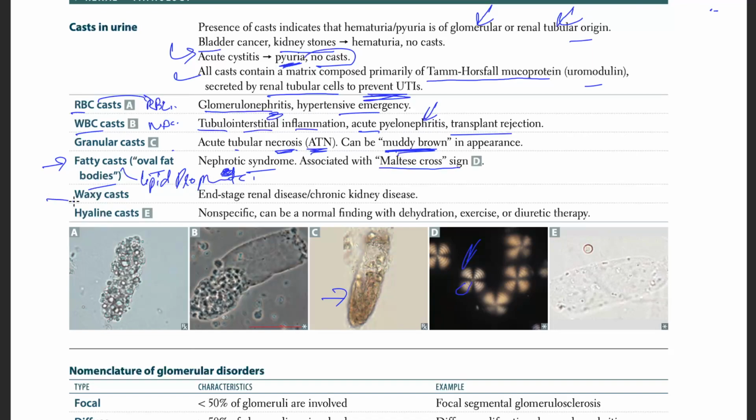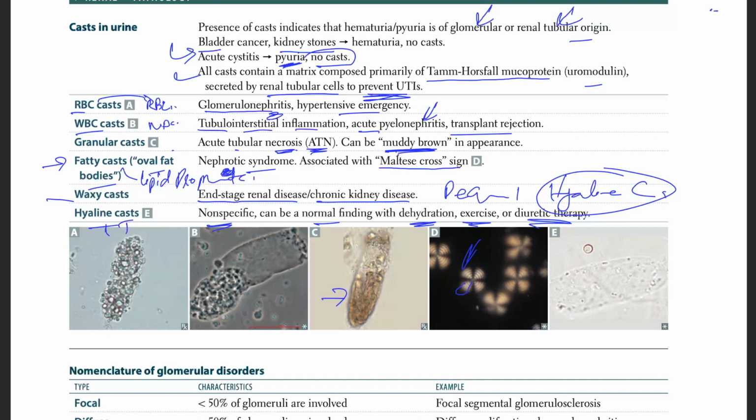Then you have the waxy casts. Waxy casts are seen in end-stage renal disease and chronic kidney disease. They are degenerative hyaline casts. So what is a hyaline cast? Hyaline casts are non-specific and can be a normal finding with dehydration, exercise, or diuretic therapy. Hyaline cast is the one they are talking about.